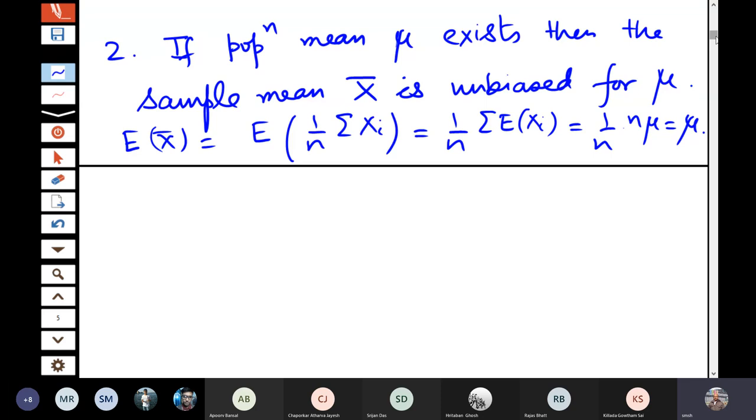So this is a layman's thing, but it has a sound statistical background, that is why we use the sample mean as an unbiased estimator of the population mean. In fact, similarly we can also prove that the sample variance is unbiased for the population variance. Let me just mention that part also here, because in many cases that is directly used. So let me just give it.